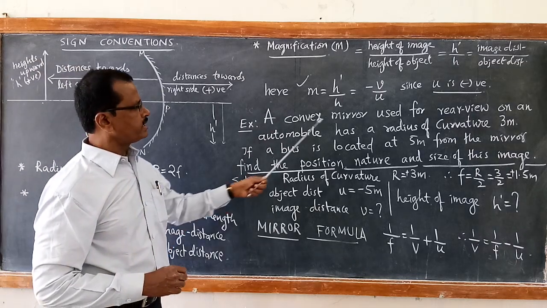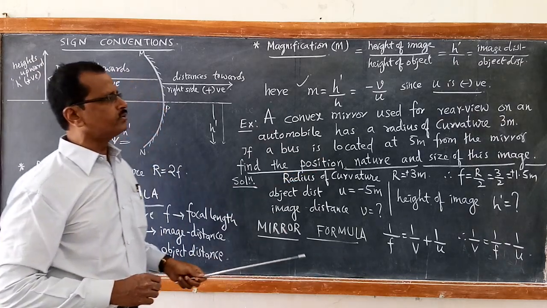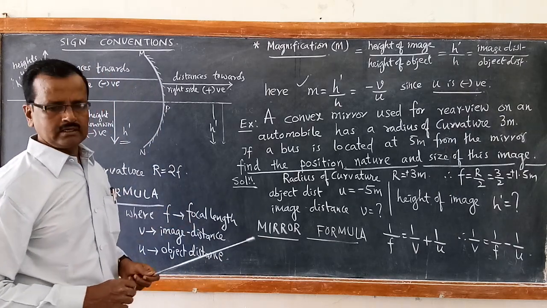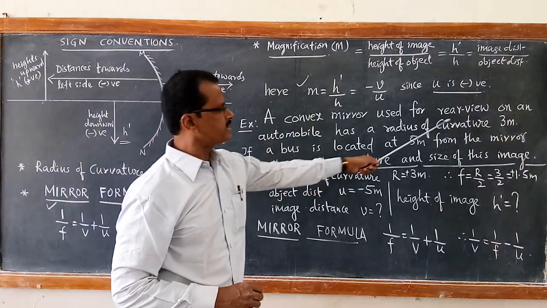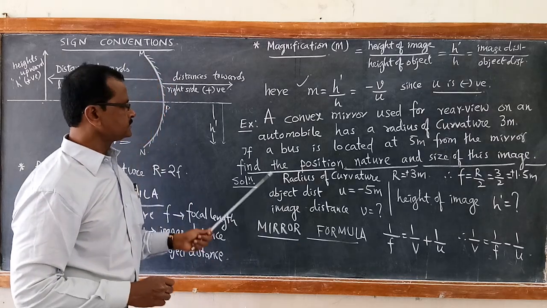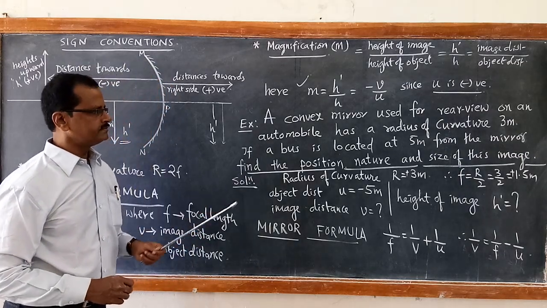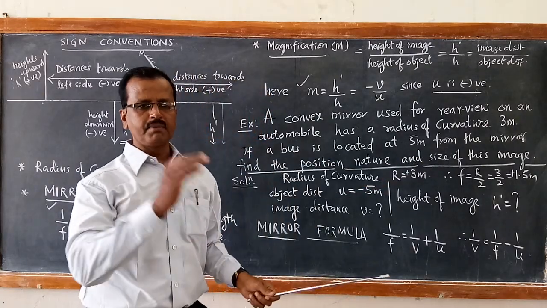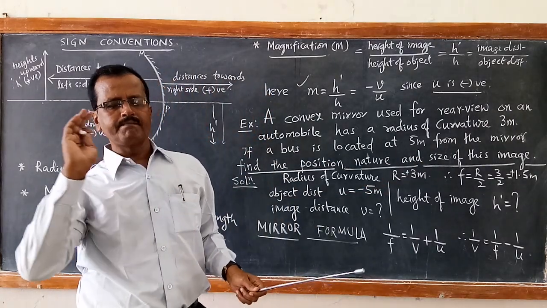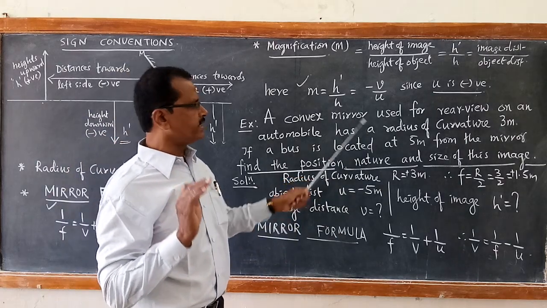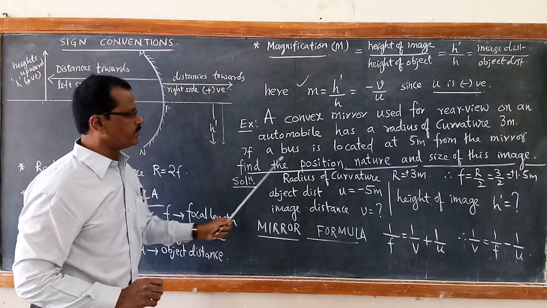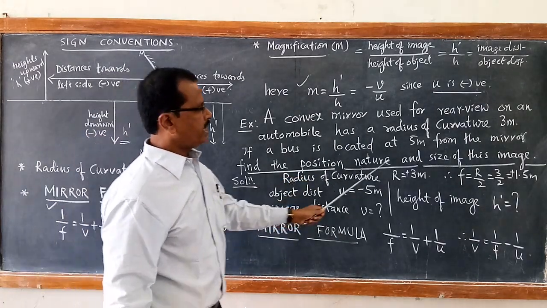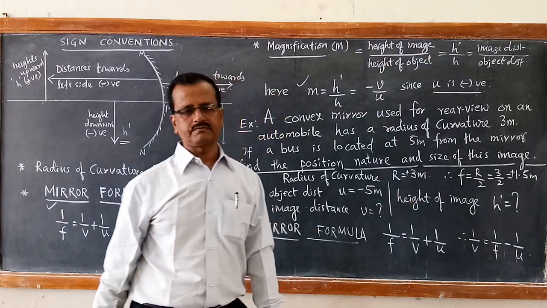A convex mirror used for a rear view on an automobile has a radius of curvature 3 meters. If a bus is located 5 meters behind the mirror of that vehicle, find the position, nature and size of the image.